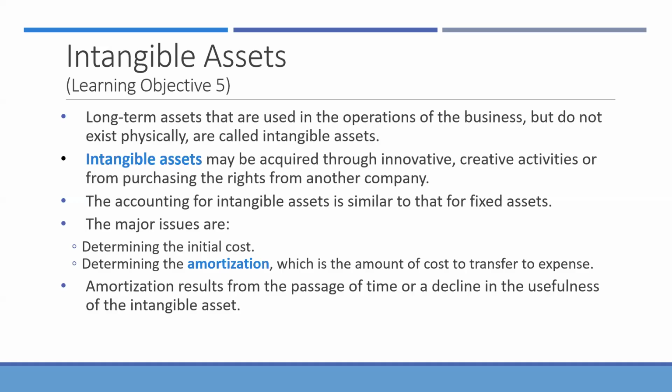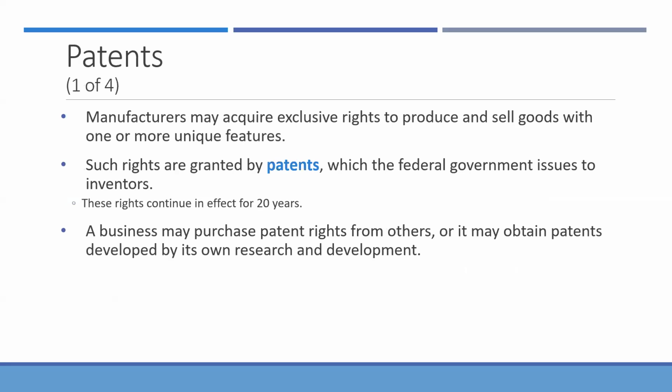And amortization results from the passage of time or a decline in the usefulness of the intangible asset. The passage of time is especially relevant to things like patents. They're only available for 20 years. So a drug company develops a patent, and R&D on a drug is considered very speculative in nature, so we expense that every year as research and development expense.